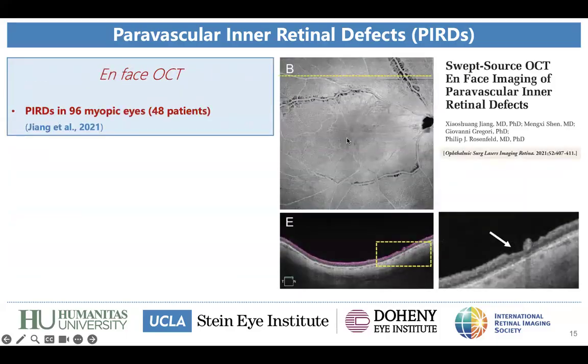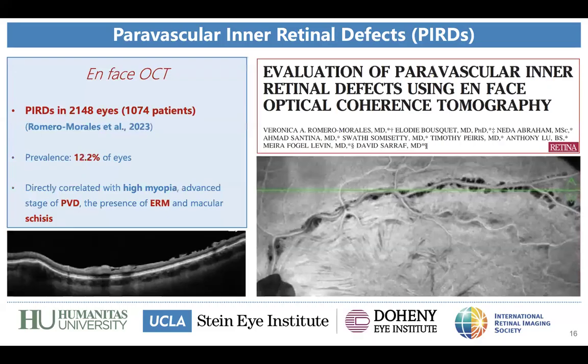And then by Dr. Rosenfeld's group in Miami in myopic eyes. More recently, Veronica Romero Morales and colleagues studied these lesions with OCT in a very large cohort of subjects, including healthy subjects, and found a prevalence of about 12% of eyes. Please keep in mind this lesion because we will talk about it in a few minutes.